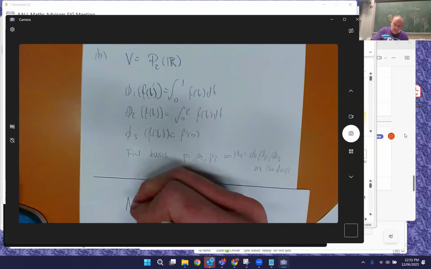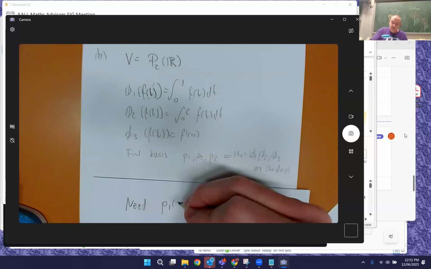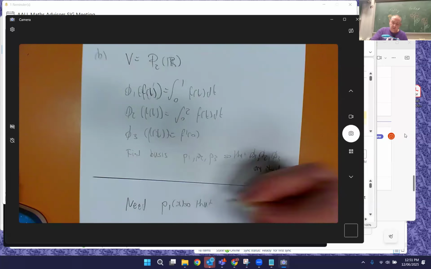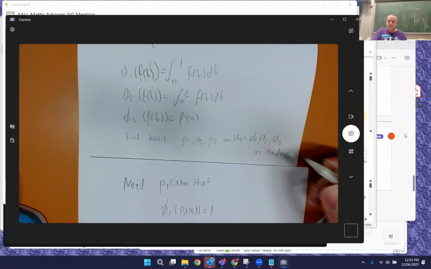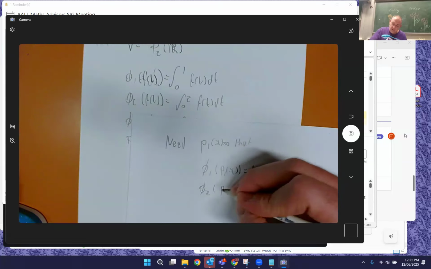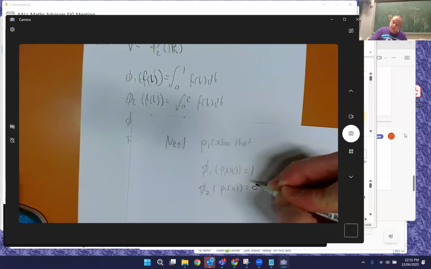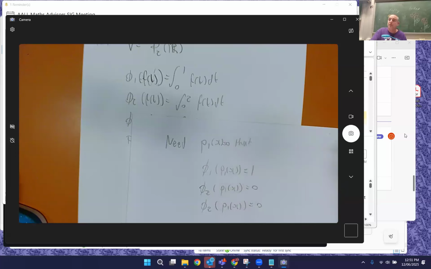So I need P1 of x so that phi 1 of P1 is 1, and phi 2 of P1 is 0, and phi 3 of P1 is also 0.